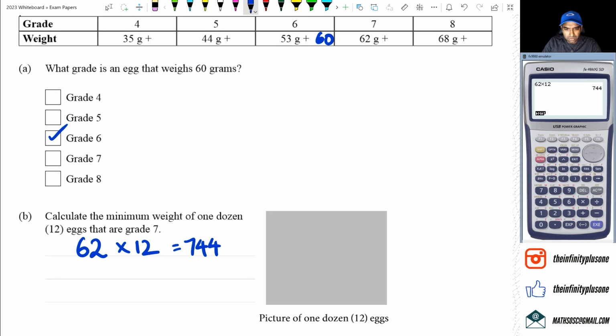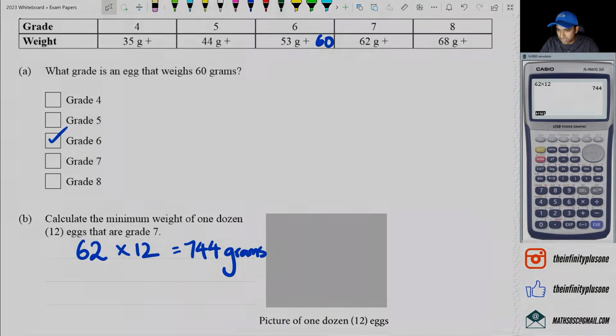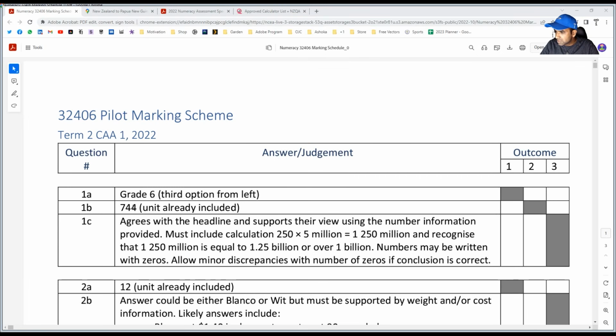Units already included, I don't know. I'll probably just put grams as part of it. Now, having a look at the marking scheme, they've just put 744, unit already included. I'll show you guys what it looks like. There we go. So it says 744 unit already included.